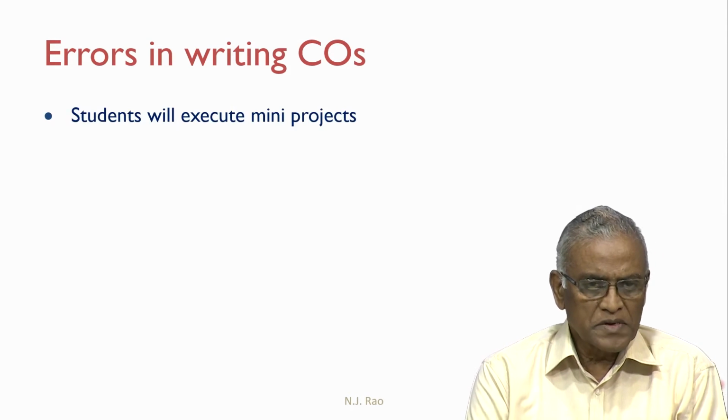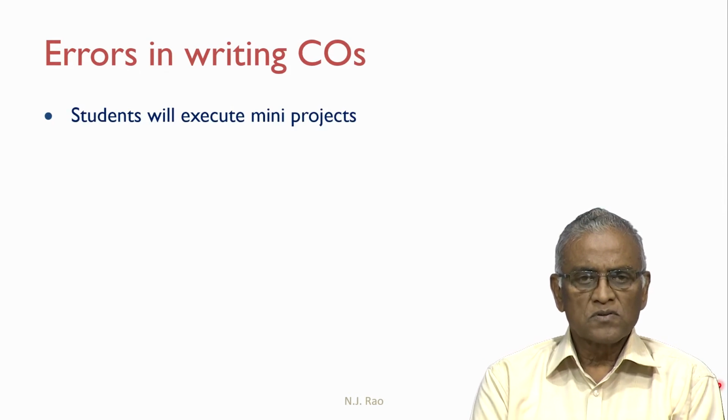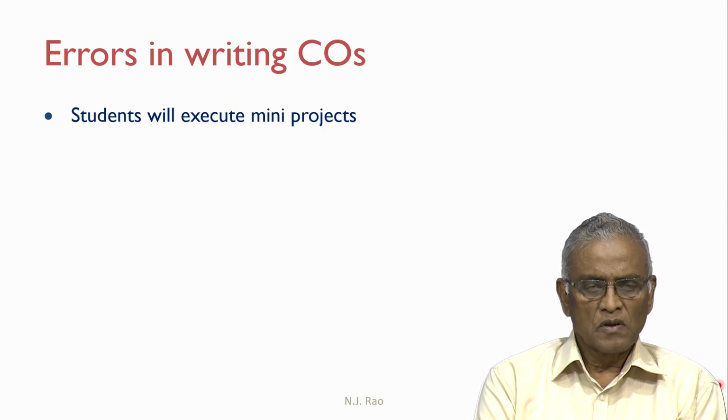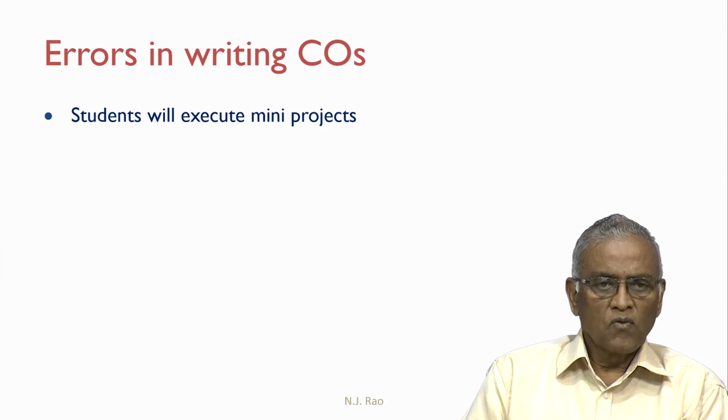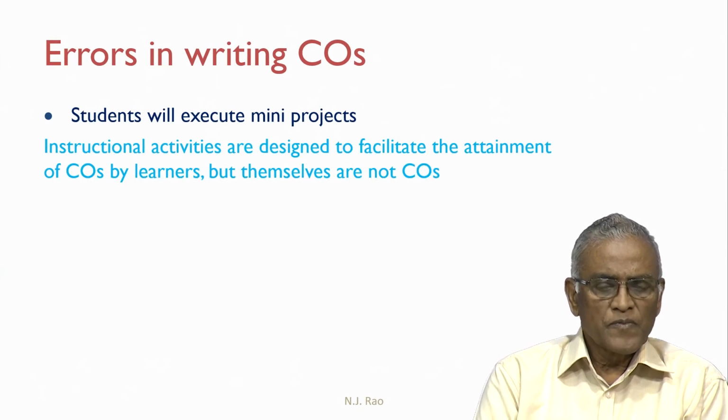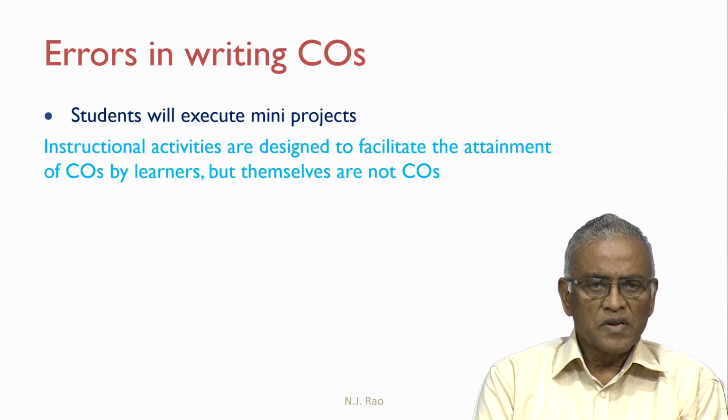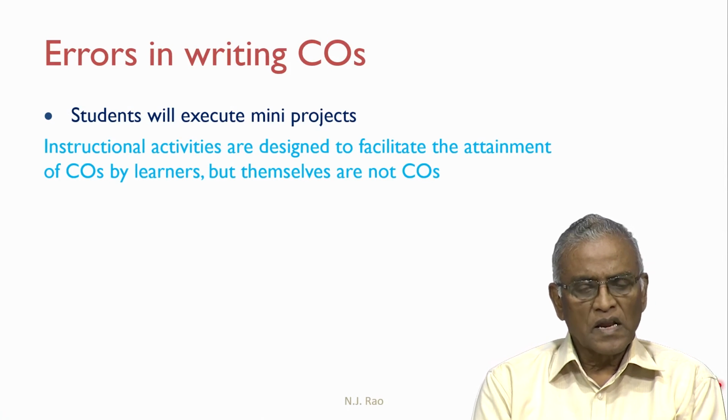One CO written was, students will execute mini projects. As you can see, it does not start with an action verb. In addition to that, what are the possible errors? Executing mini projects is an instructional activity.